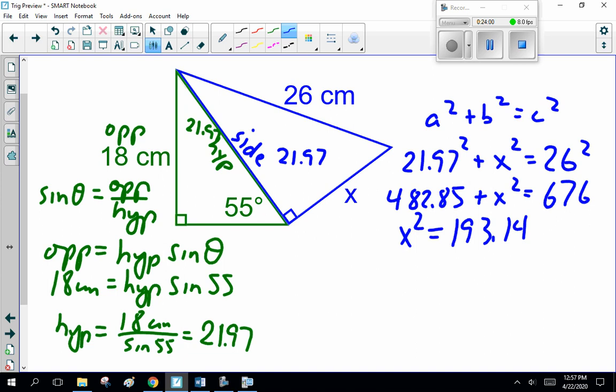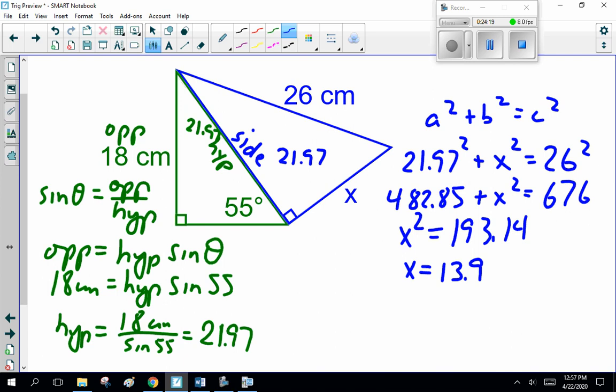Square root of that is 13.9, 13.897, 13.9. From my crude drawing, yes, x looks to be about half the size of the hypotenuse. Exactly no, but close enough. I accept that.